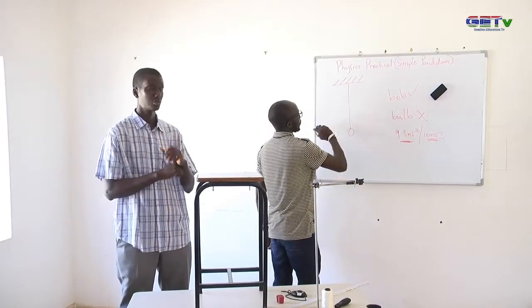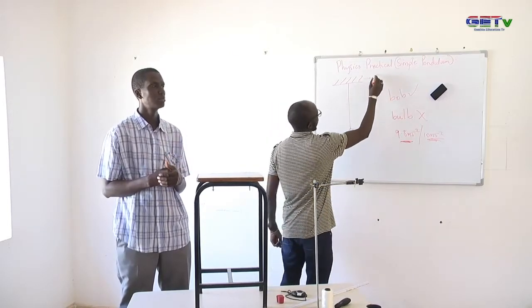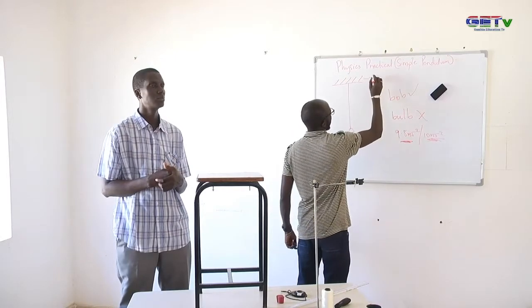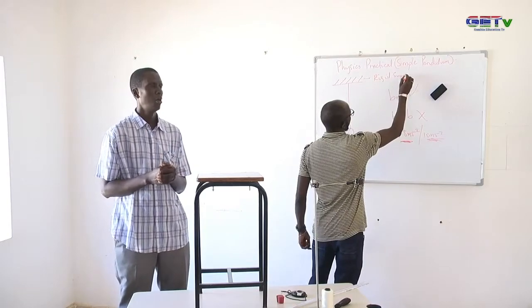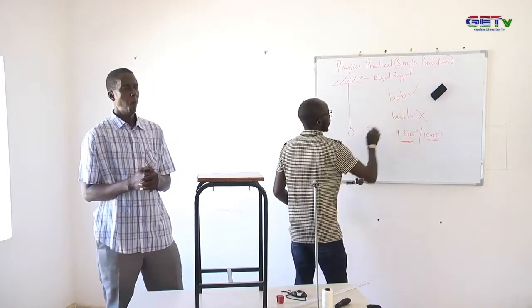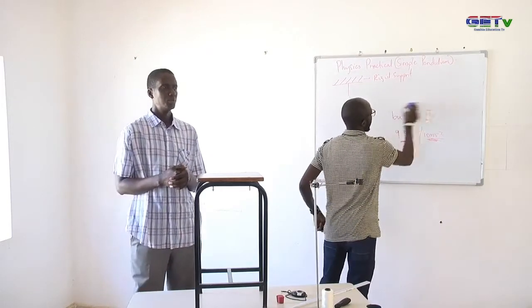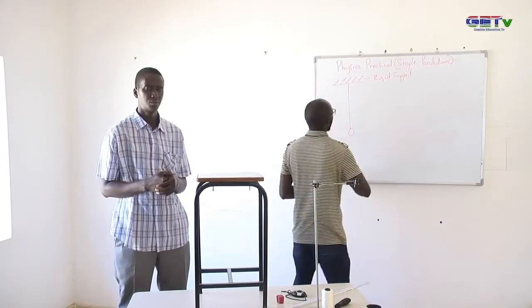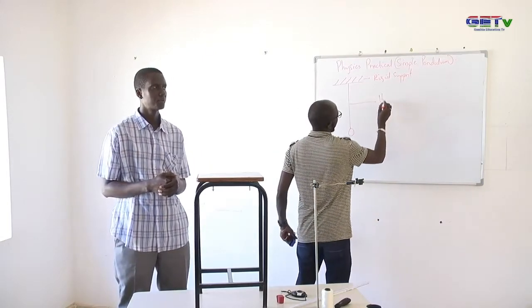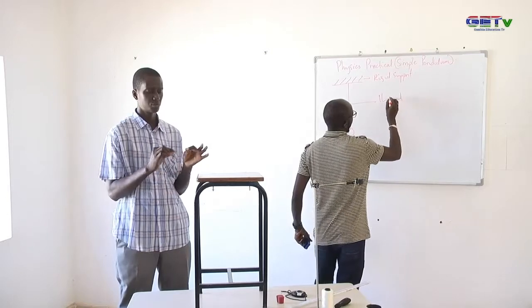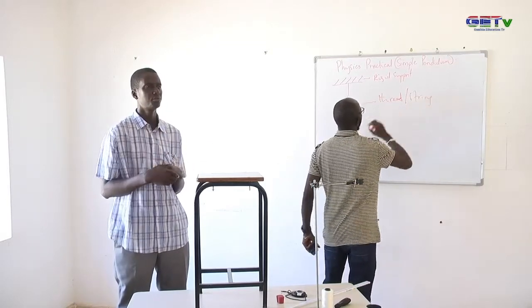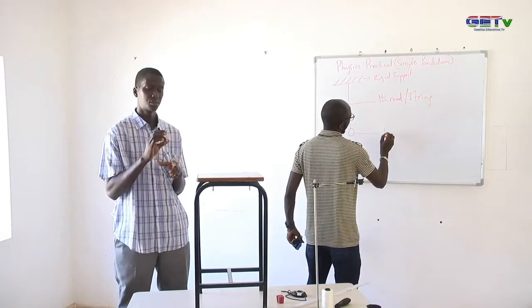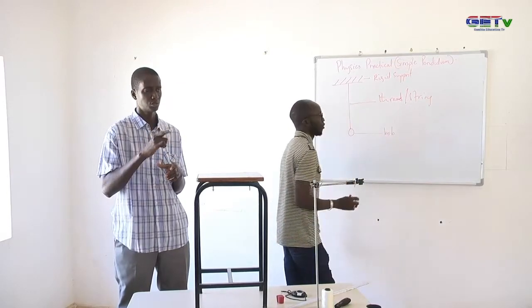Let's say this is our rigid support. Let's say this is our thread, in some cases a string. And this is our bob, our pendulum bob.